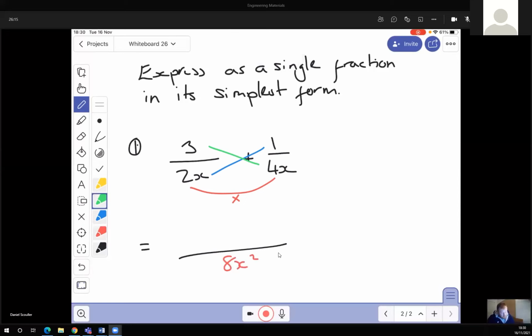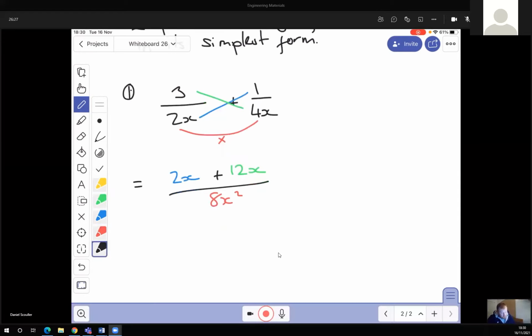The blue term will be 2x, and the green term will be 12x. So we're getting 14x over 8x squared.